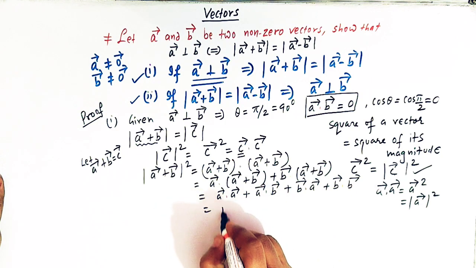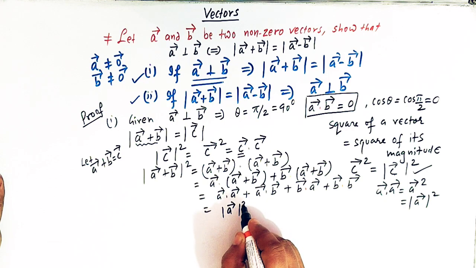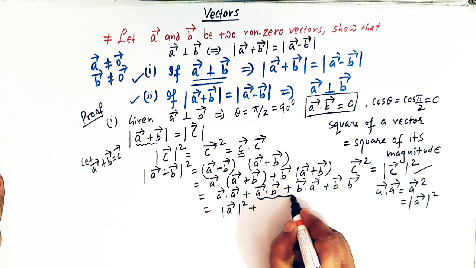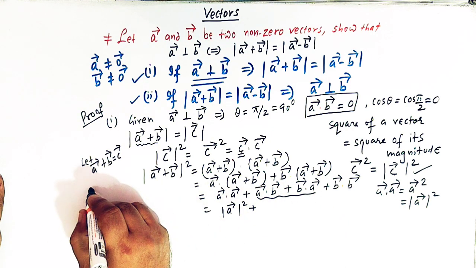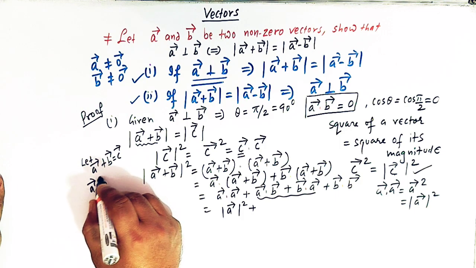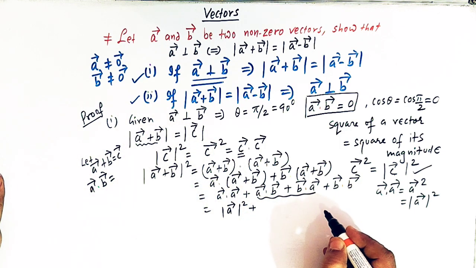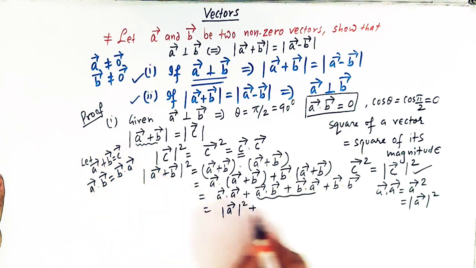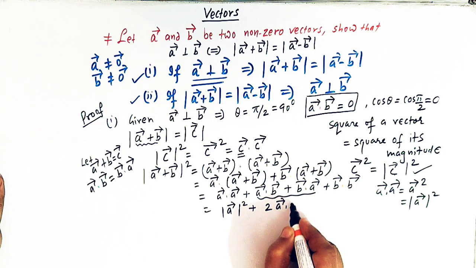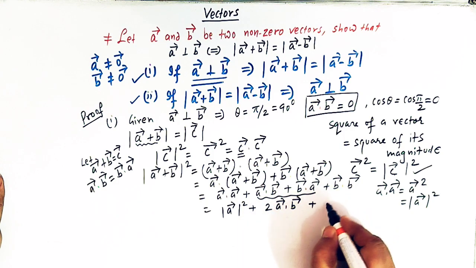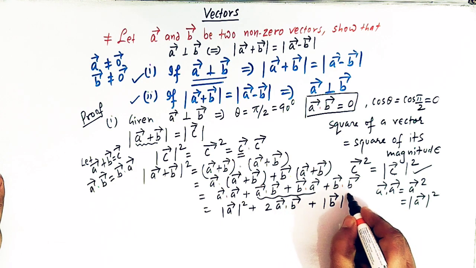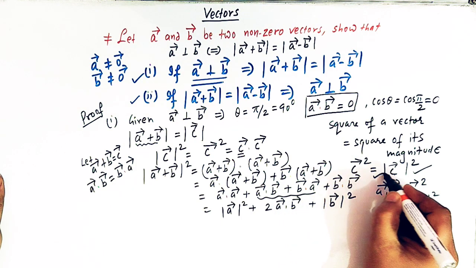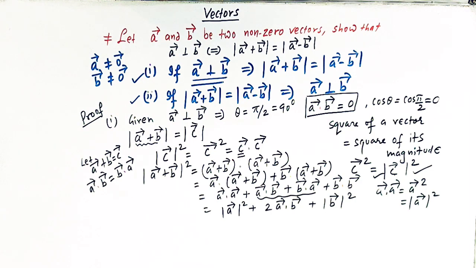And these two middle terms get added because the dot product obeys the commutative law, so A dot B is equal to B dot A. So we have 2 times A dot B, and the square of the magnitude of B, again due to this result, right?